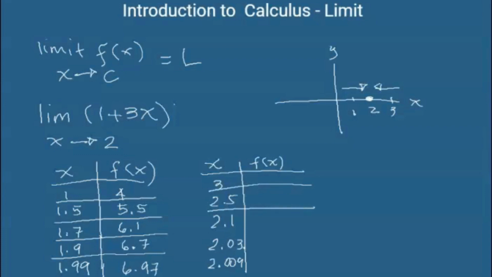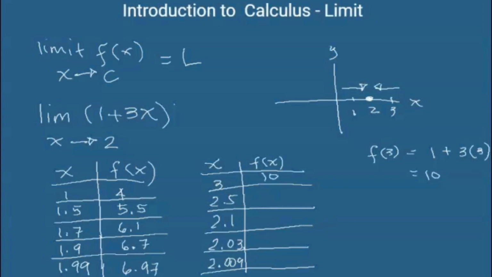And then let's substitute these values of x into our function. So f of 3 is equal to 1 plus 3 times 3. So that's 10. For f of 2.5, we have 1 plus 3 times 2.5 is equal to 8.5.